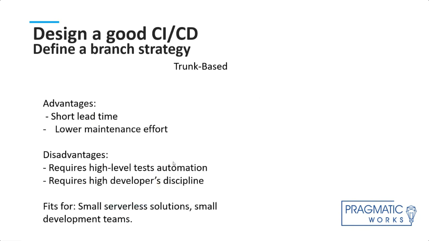The advantage is a very short lead time, so it takes much less time to reach the release stage, and it takes lower maintenance effort because you don't need to store all these pipelines for each of the branches. The disadvantages here are that it requires a high level of test automation and high developer discipline.